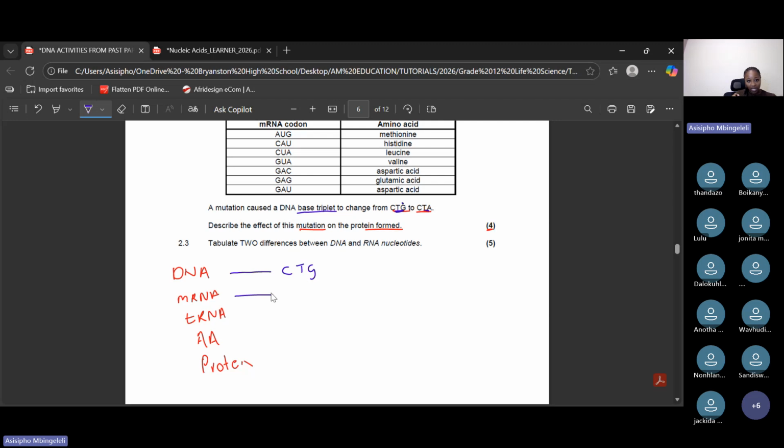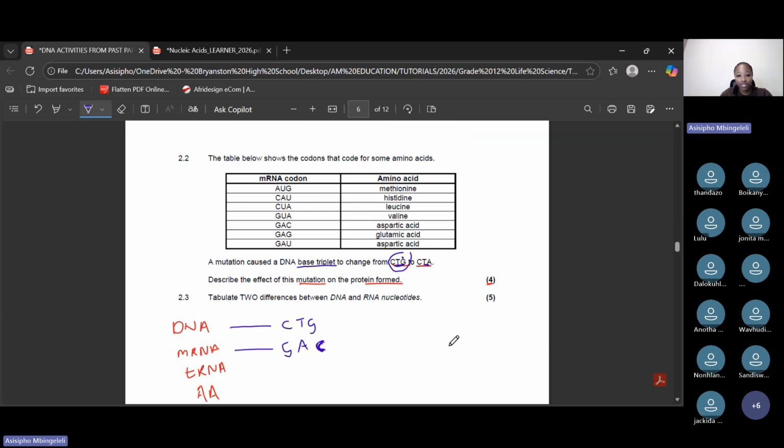So C in a messenger RNA will be paired with a G, T will be paired with an A, and G will be paired with a C. Stop me any second if you feel like I'm messing this up. I've been teaching from 6 a.m., so I could be tired, but I think I am paying attention, so these bases are correct. We are working on these bases before there was a mistake, before there was a change.